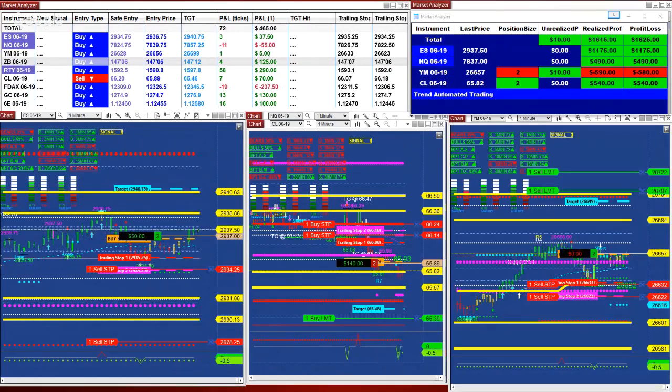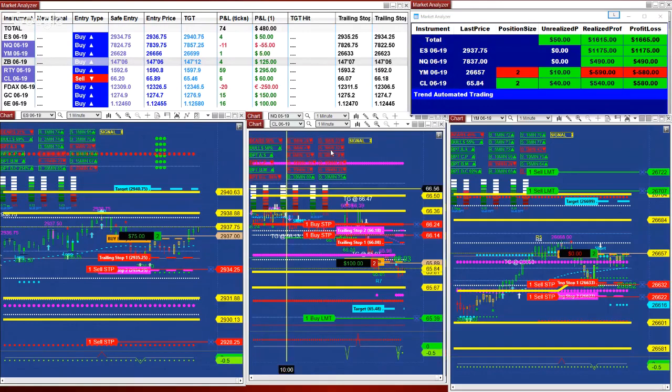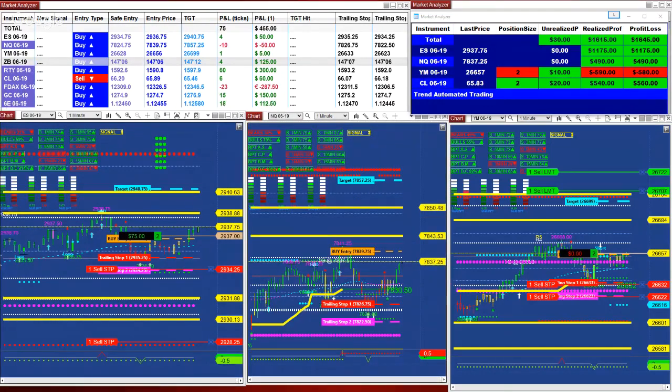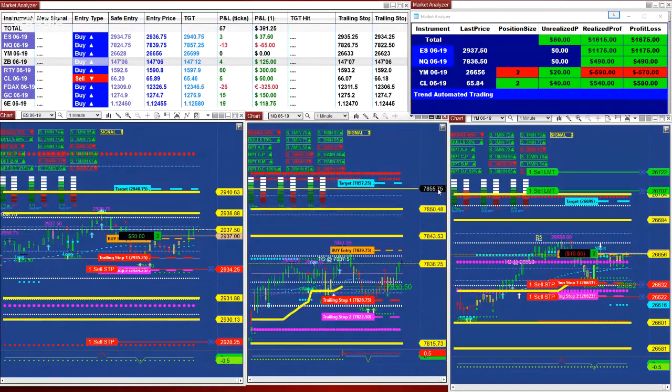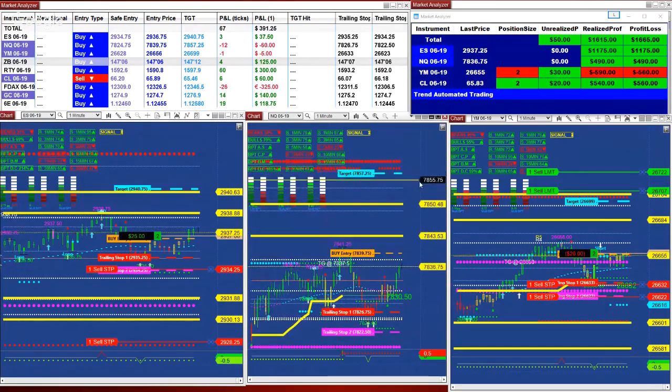I don't believe in this trade on the ES. I do not believe in the Nasdaq anymore. I'm just staying away from all those trades. Don't even bother to take those trades.